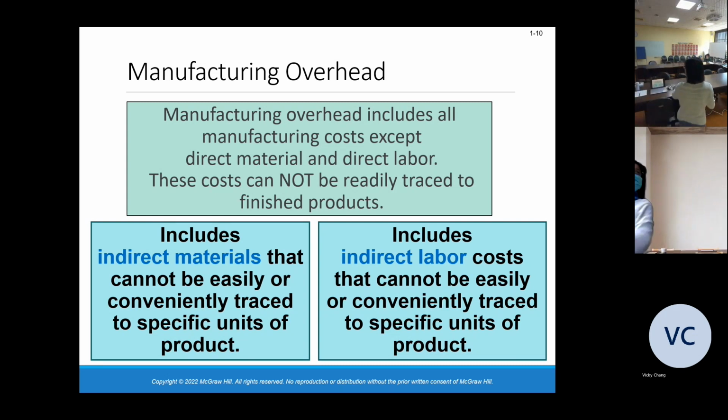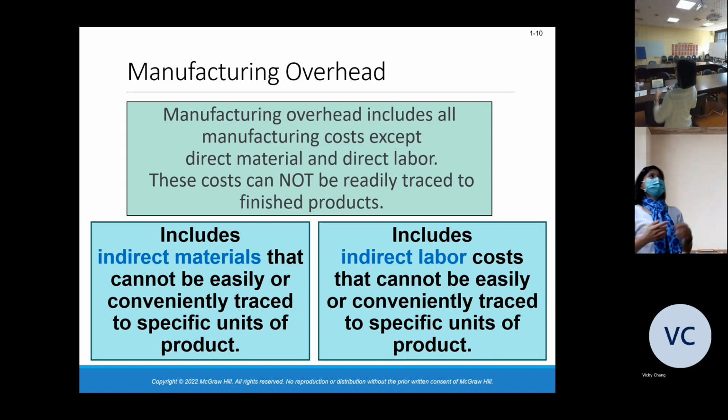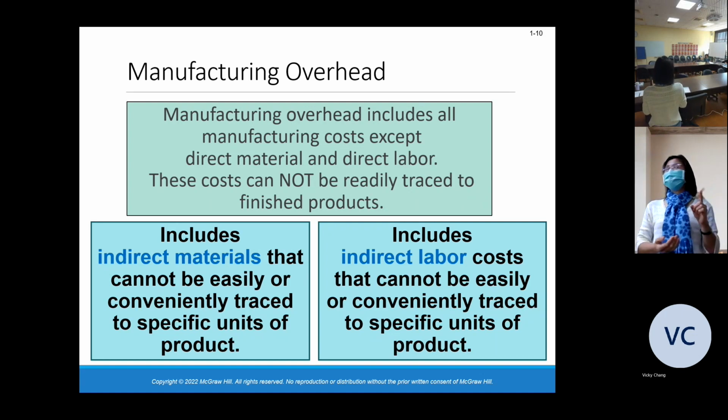Then let's come to manufacturing overhead. I think this one is a bit hard to understand, so remember the definition first. Manufacturing overhead includes all manufacturing costs except direct material and direct labor, and this cost cannot be easily traced to the finished product.